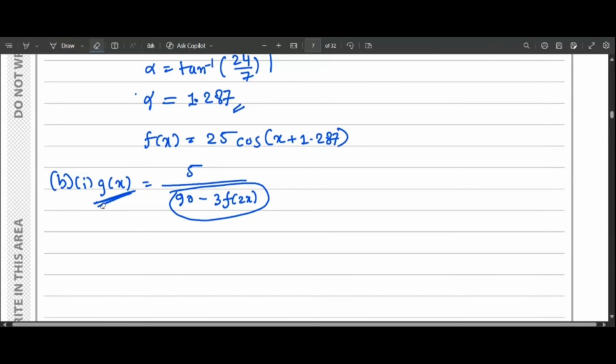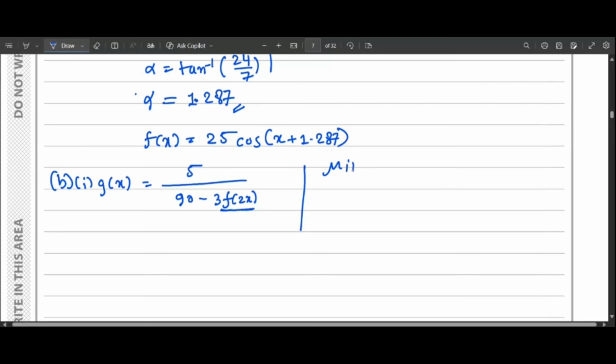The denominator must be at its maximum value for the function g(x) to be at its minimum value. So for the maximum value of the denominator, we can find the minimum value of our function f(2x).